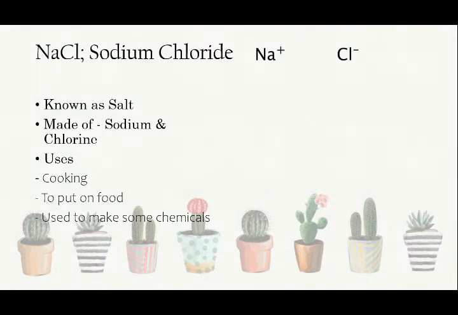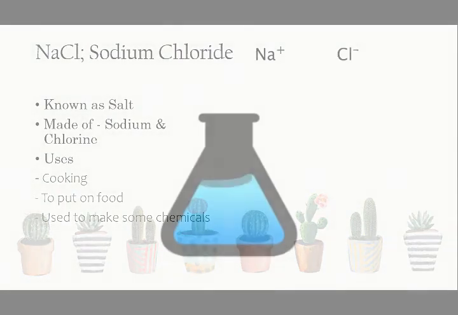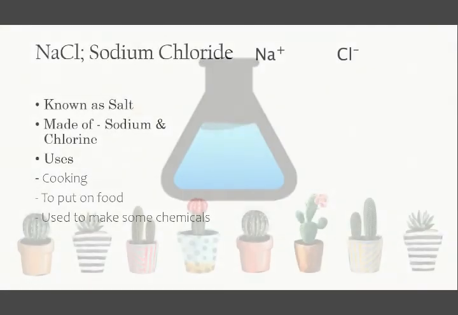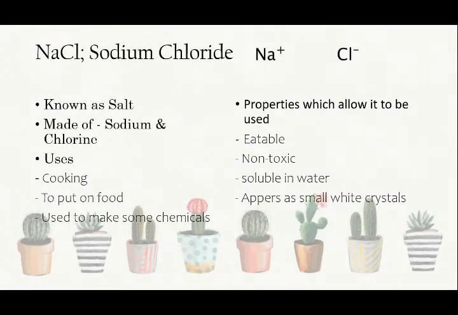In addition, it is also used to make some chemicals. Properties which allow sodium chloride to be used are: it is edible, also non-toxic. Sodium chloride is soluble in water, and lastly, it appears as small white crystals.